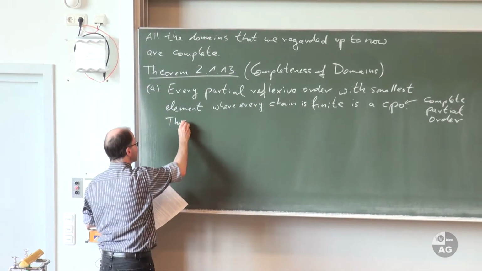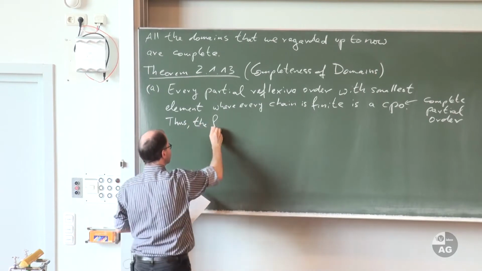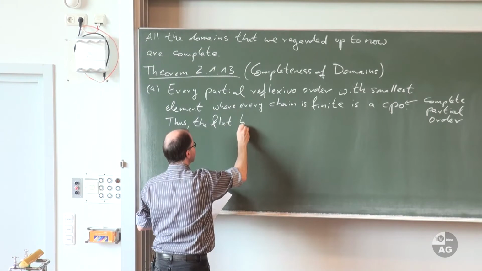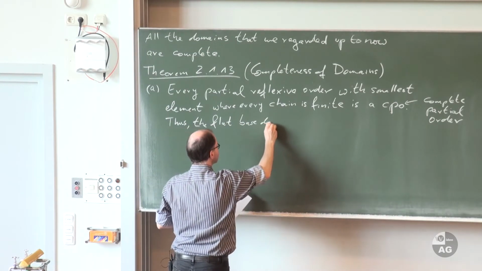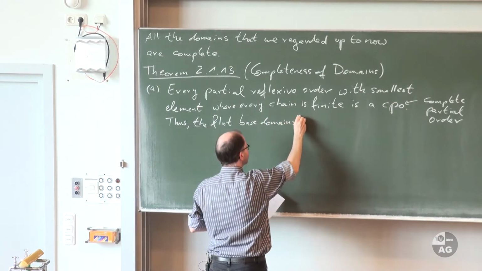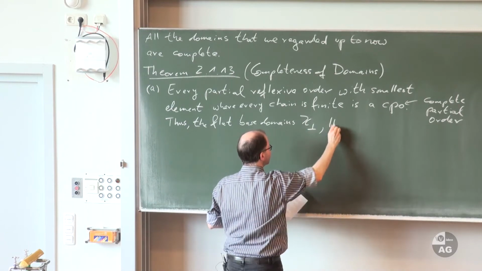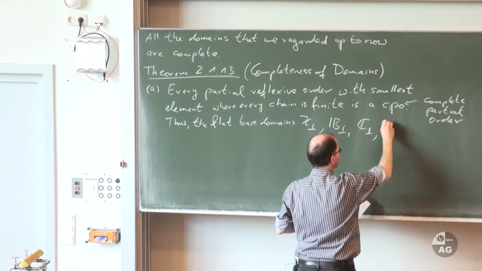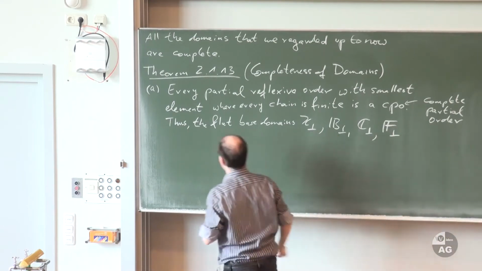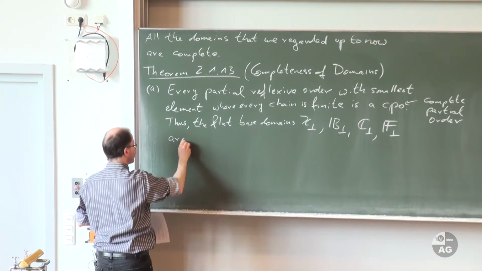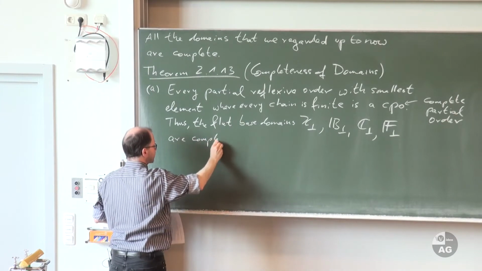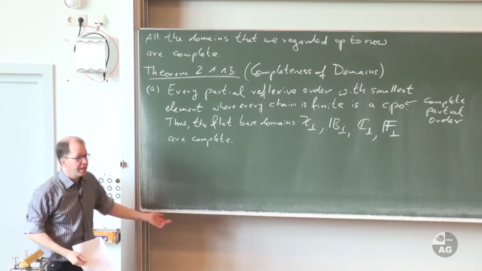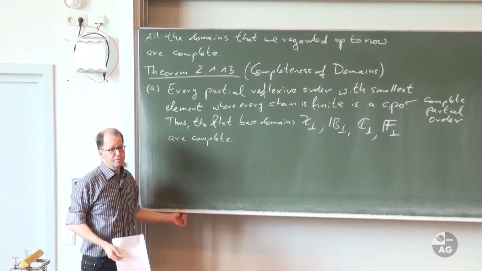So thus, the flat base domains, the one for the integers, the one for the booleans, the one for the characters, and the one for the floating point numbers, they are all complete, because they obviously have a smallest element, and every chain has at most length 2.